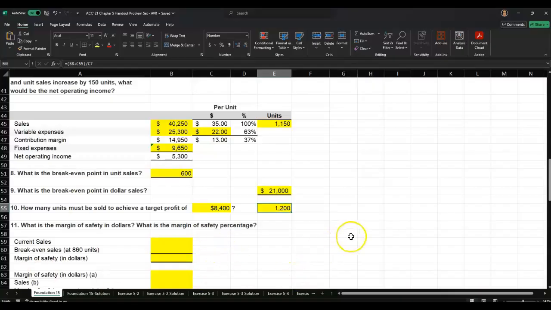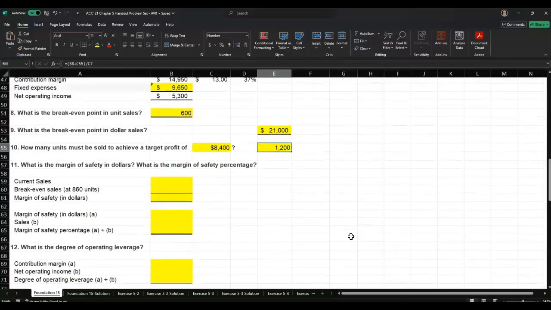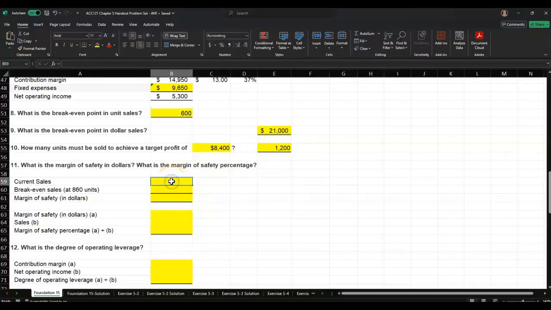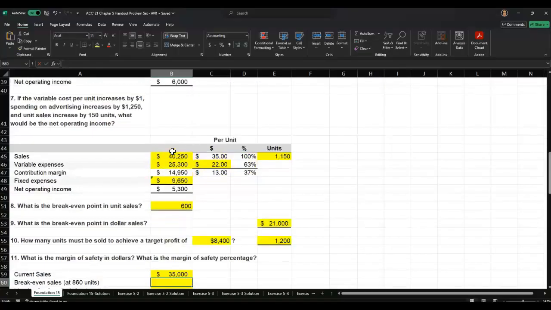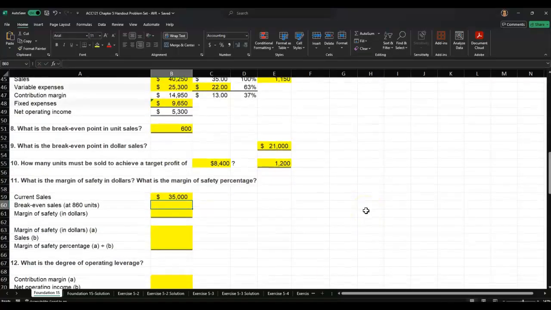All right. Let's look at number 11. What is the margin of safety in dollars, and what is the margin of safety percentage? Well, the current sales is the $35,000. The break even, hang on one second.